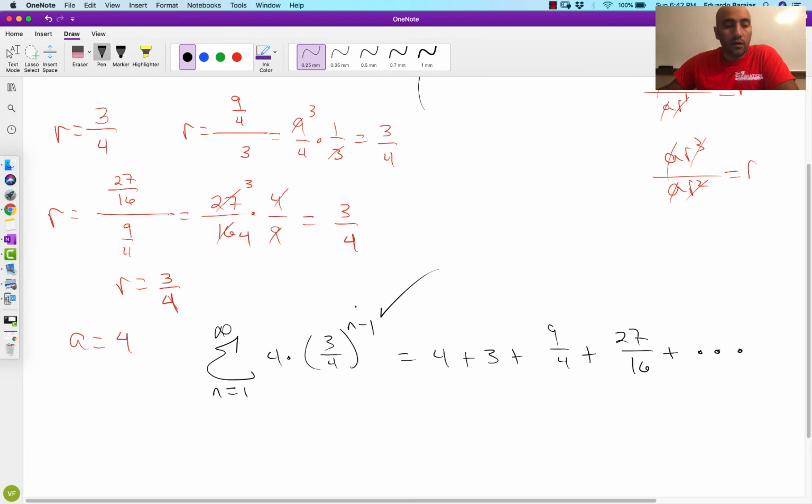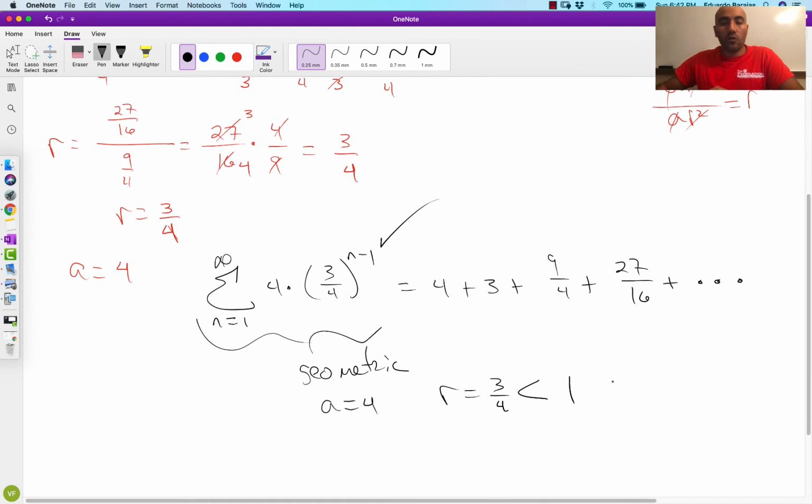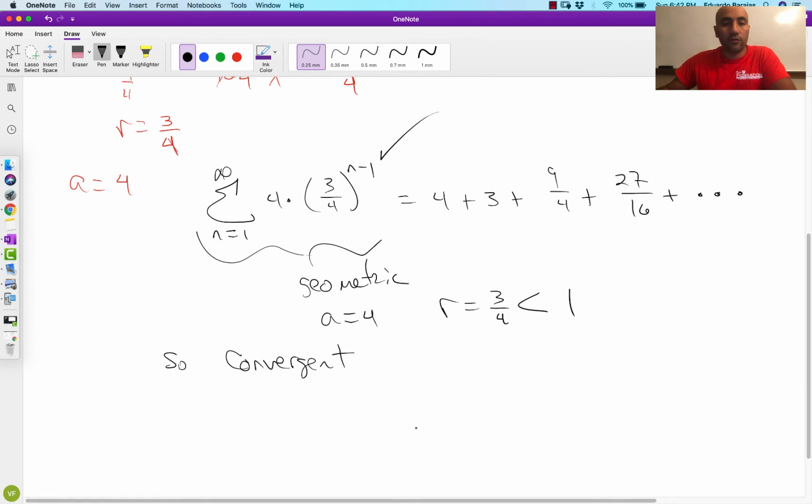So we have a geometric series with a equal to 4 and r equal to 3/4, and that is less than 1, so it is convergent. And furthermore, what does it converge to?